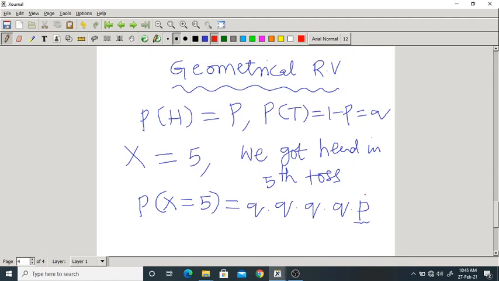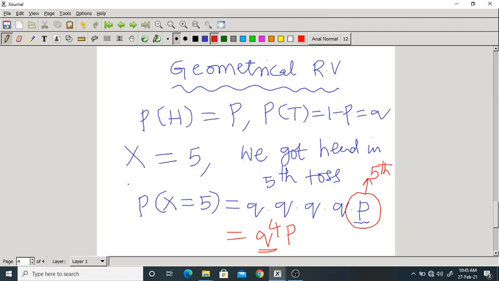What is the toss number? 5th toss. Which means we needed 5 tosses to get head for the first time. Okay. So what is the probability now? q power 4 into p. What does q power 4 mean? In the first 4 tosses you got tail. In the 5th toss you got head for the first time. We stop here. So we conduct this experiment until we get a head for the first time. So we need to find that probability.